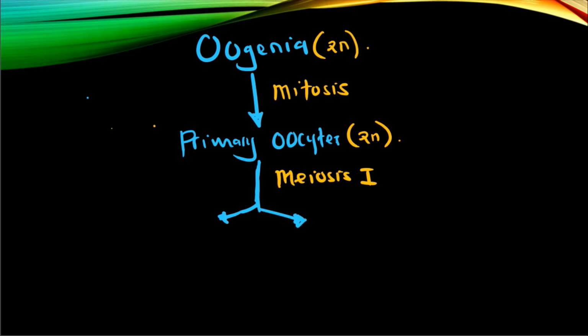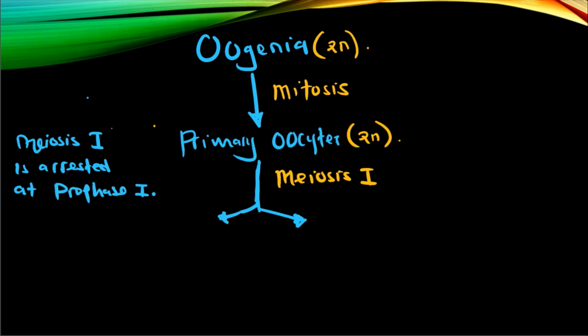Now the primary oocytes will be arrested. They won't finish meiosis 1. So meiosis 1 is arrested at prophase 1.